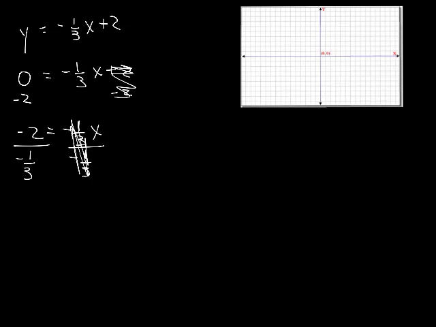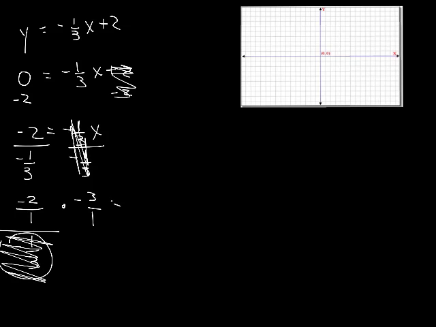If you remember from, boy, it's been a while, we can make this into two fractions, negative 2 over 1 and negative 1/3. And we invert and multiply, and that goes away. Negative 2 times negative 3 is positive 6 over 1, or just 6. So my x equals 6.